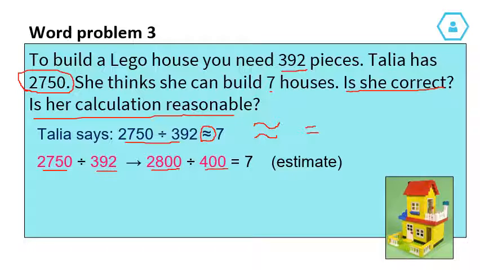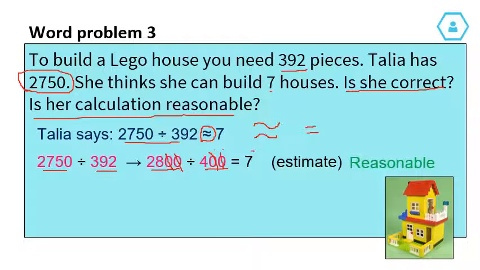I've got 28 divided by 4, which I know is 7, and I can just scratch these off because I'm dividing by 100, sorry. So I can just take the zeros off the dividend and we can just cancel them out. So that's my estimate.